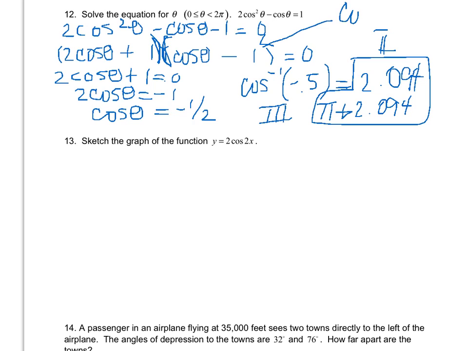So we have cosine of the angle is 1. And where does that happen? Only in one spot, and that is at 0 radians. So those are your 3 answers over that interval. There are obviously infinite answers, but we were given a specific interval, 0 to 2 pi.